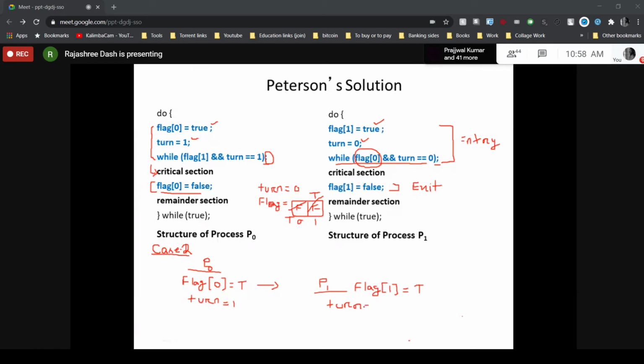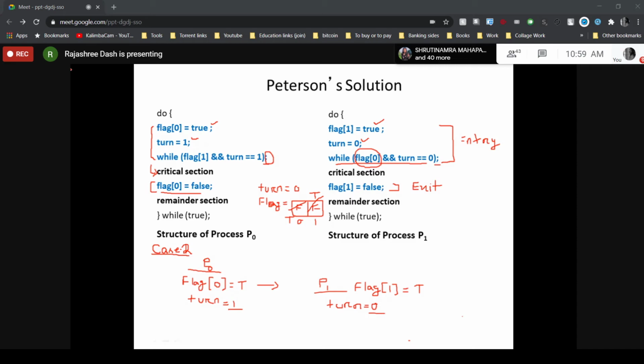If P0 and P1 simultaneously set the value, ultimately either the value will be 0 or 1. It will not store both values simultaneously. Turn is an integer variable. So though P0 and P1 are simultaneously trying to update the value of turn, turn keeps only one value. Either it may be 1 or it may be 0.